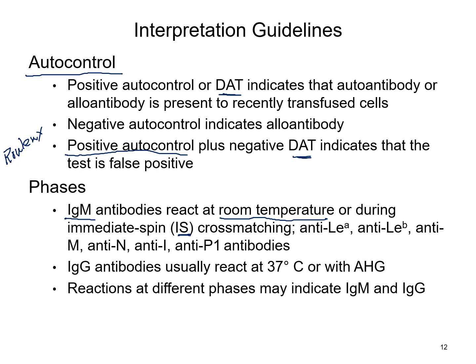Your IgG antibodies, of course, are going to react at 37 degrees and/or your AHG phase. When we're looking at the phases and noticing different reactivity, that's going to help us narrow down whether we are dealing with an IgG antibody or an IgM antibody.